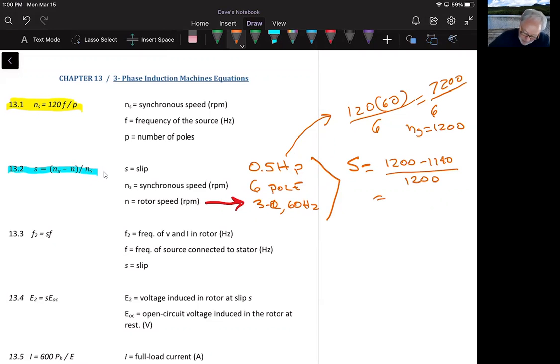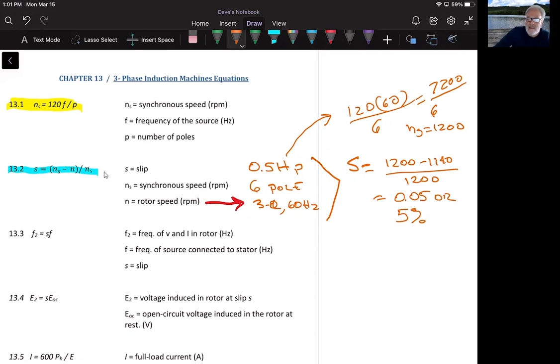And when we do that, the difference, 1,200 minus 1,140, comes out to be 60, divided by 1,200. And that would be 0.05, or I might write that as a percent, and I'm going to write that as 5%.